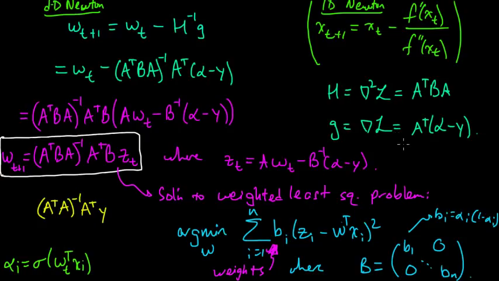Actually, to be completely clear, I should have said that B and alpha here are evaluated using wt.